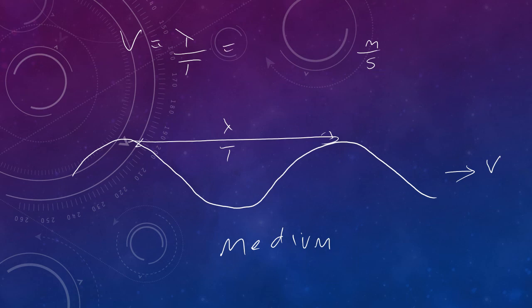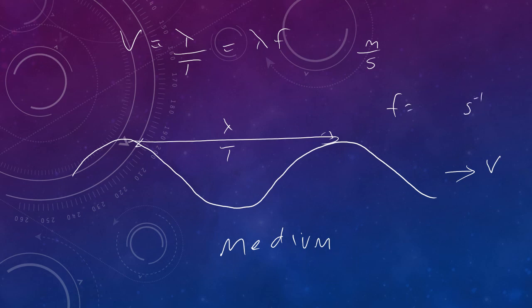There's another form that you can use here, and that's lambda times f. The reason why is because the frequency is how many of those periods pass in 1 second. The units are per second, that's seconds to the power of minus 1.